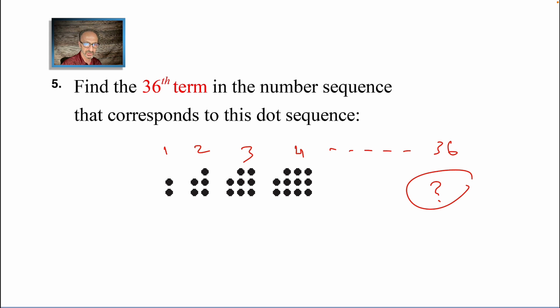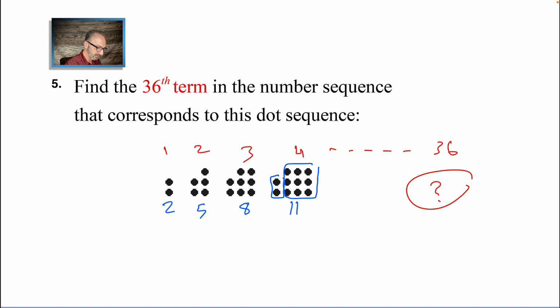In other words, how many dots are here? That is the question. To start analyzing, we have 2 dots here, we have 5 dots here, we have 8 dots here, and we have 11 dots here. But we don't want to count them this way, like 2, 5, 8, 11.